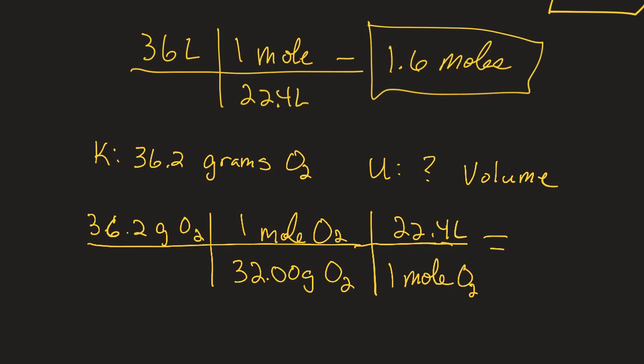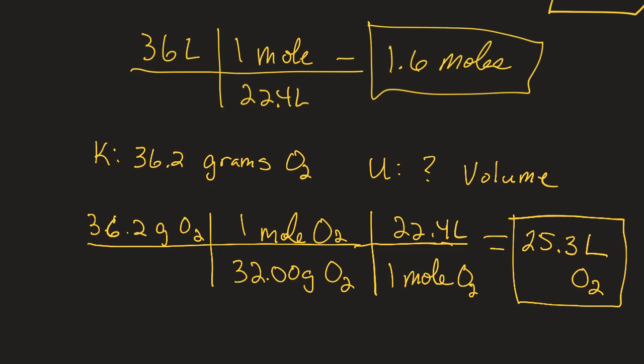Fraction button, 36.2 times 1 times 22.4, drop down in the bottom, 32.00 times 1 equals. And I need 3 significant figures, so that's 25.3 liters of oxygen.